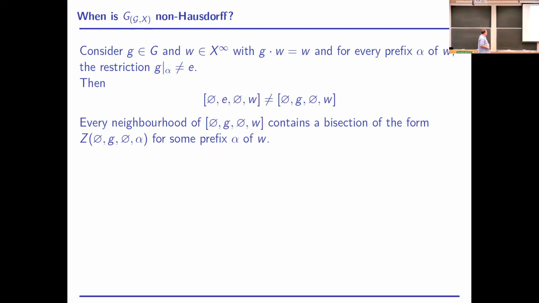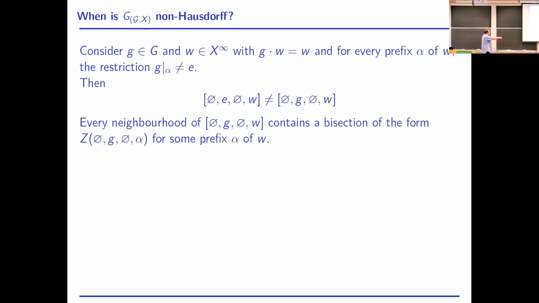There's a lot going on in that multiplication, but if we have an element G in G and an infinite word that's fixed by G, so G dot W is equal to W, and for every prefix alpha of W, this restriction is not equal to the identity. So even though an infinite word is fixed, that doesn't necessarily mean that G is just going to fall our way into the identity. It could still be doing other things elsewhere.